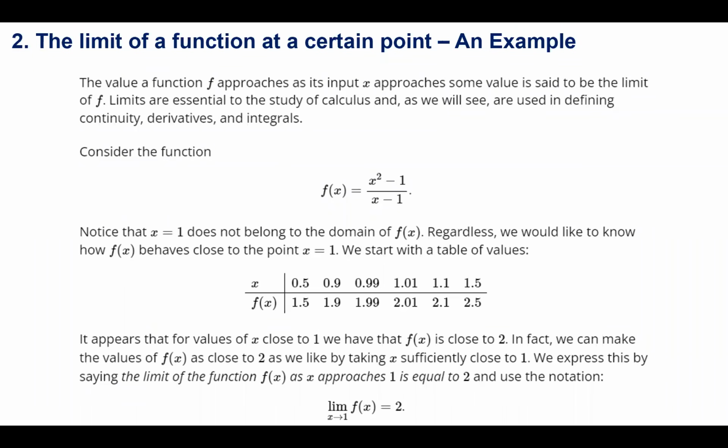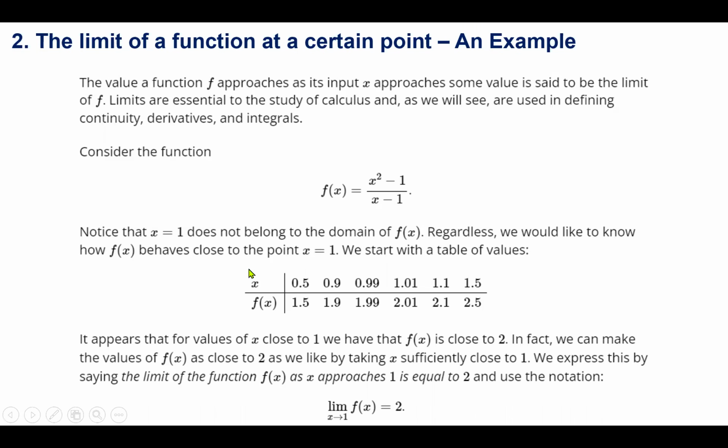Regardless, we would like to know how f(x) behaves close to the point x equals 1, right? Then we can start with a table of values as shown here. It appears that for values of x close to 1, we have that f(x) is close to 2, right?